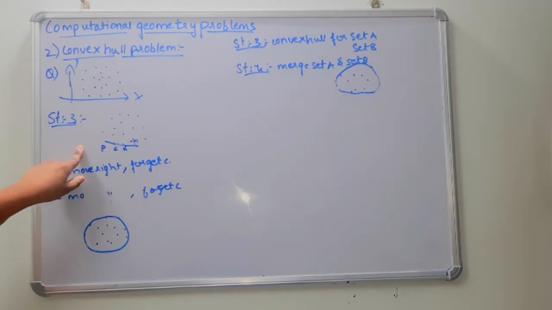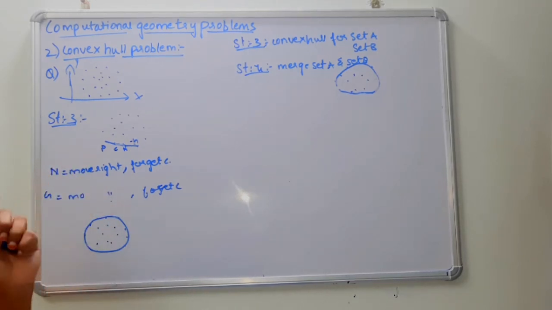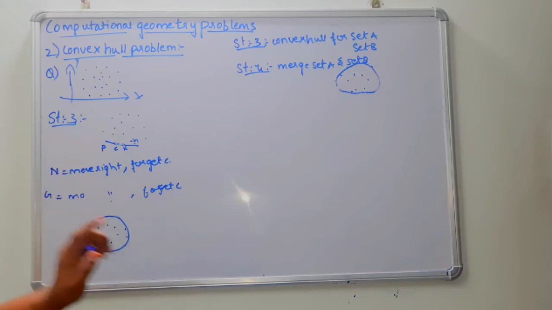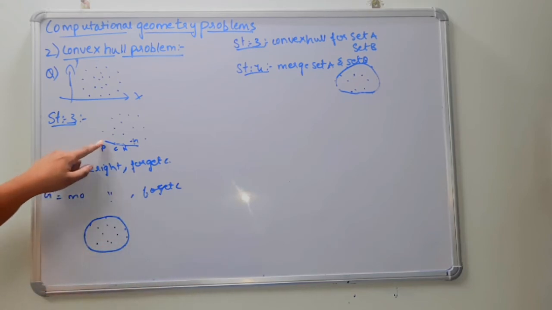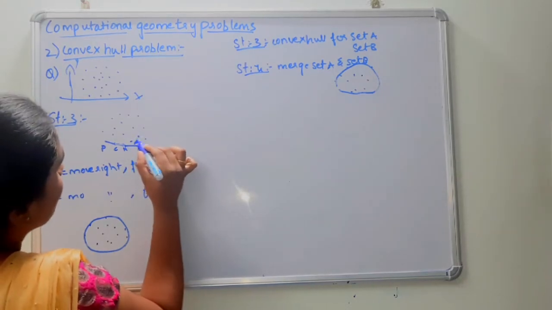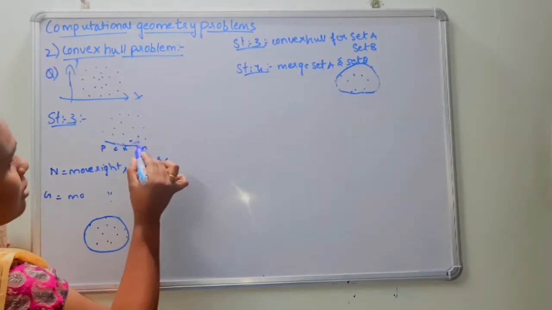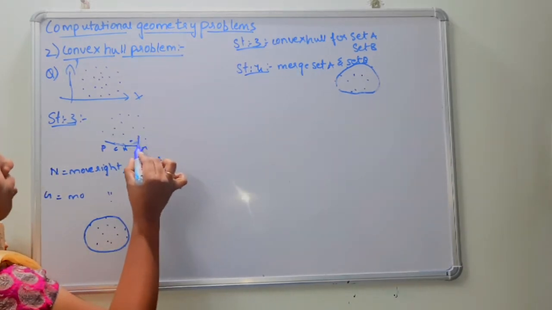We perform step 3 as in step 1, where we said we will sort the numbers according to the x-axis. Here the points will go according to the x-axis only. Now the G will come here. As the next point is present here, it will go to here.